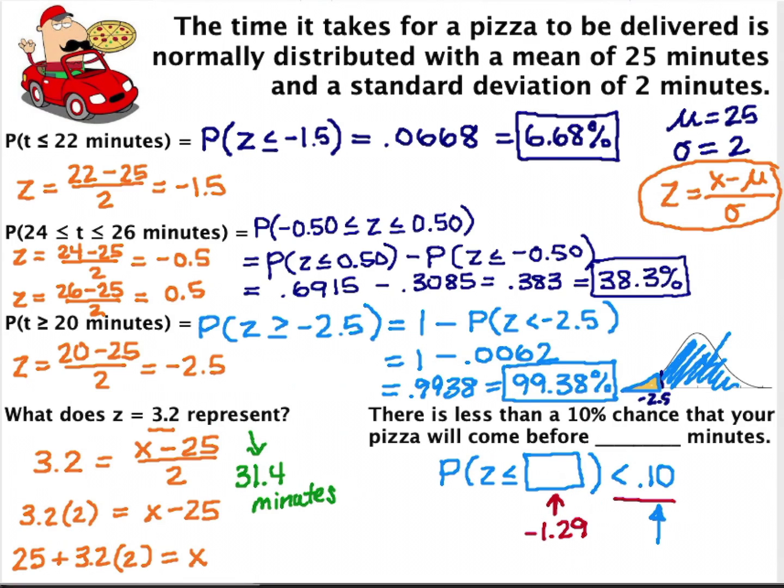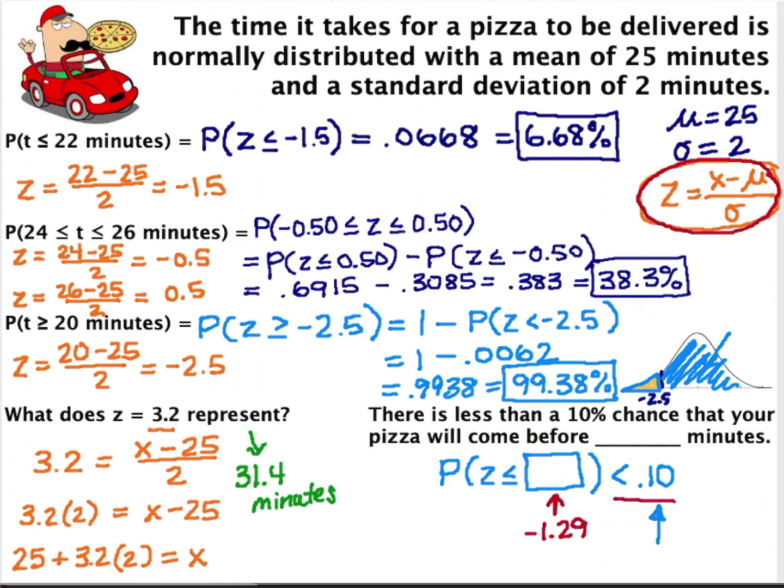So now that we know the z-score, we should be able to calculate what that means in minutes for the delivery driver. Since the z-score is negative, that means it's going to be below average. How much below average? 1.29 standard deviations below average. We could set up that little z-score formula again, or we could just think it through.